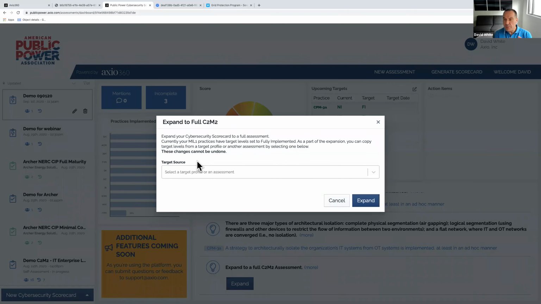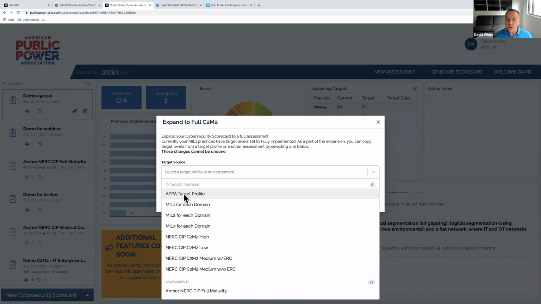Now, I said that APPA has designed a three-stage program for building your cybersecurity program. And the first is the scorecard. The second is called the public power target profile.